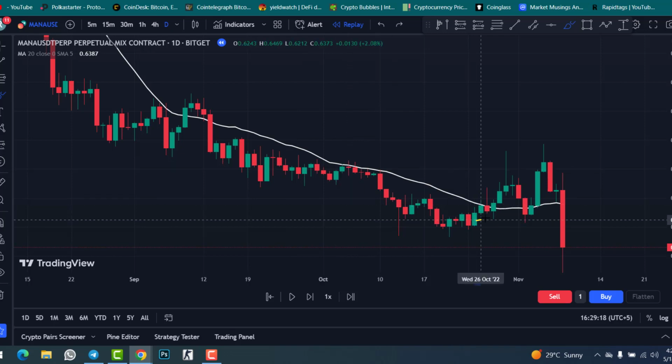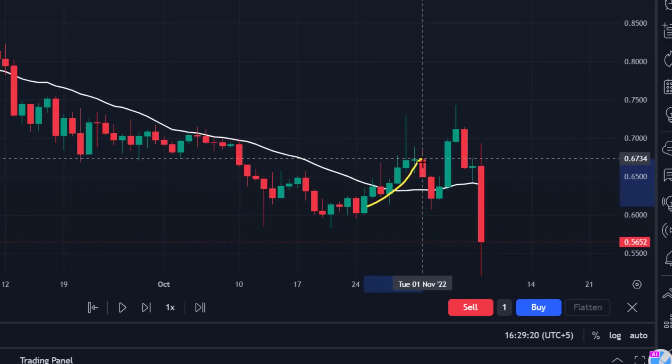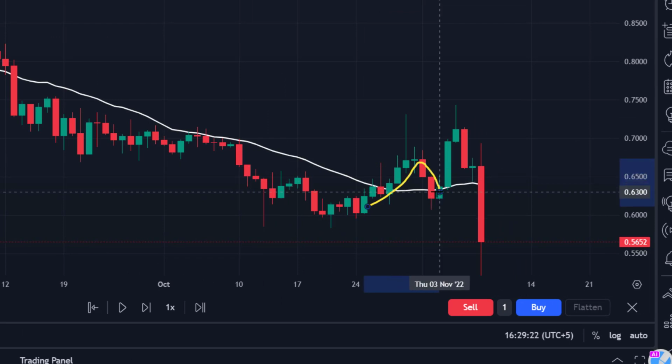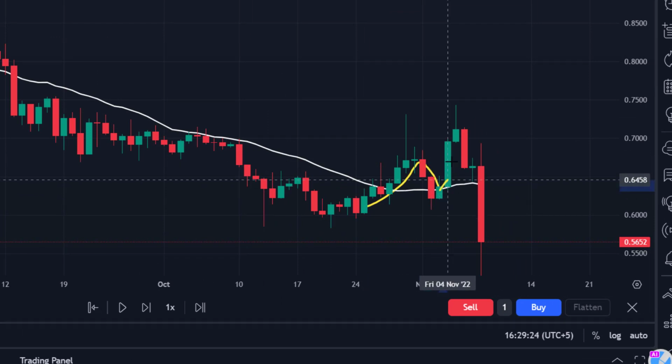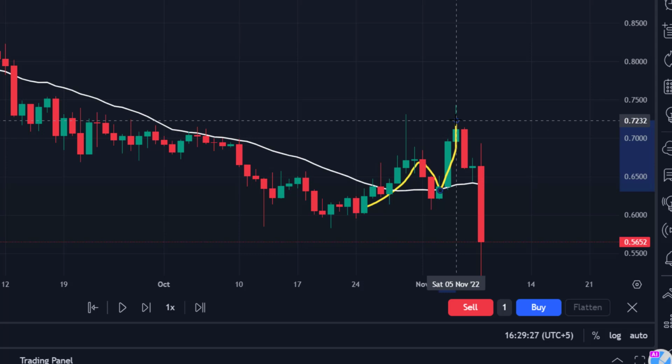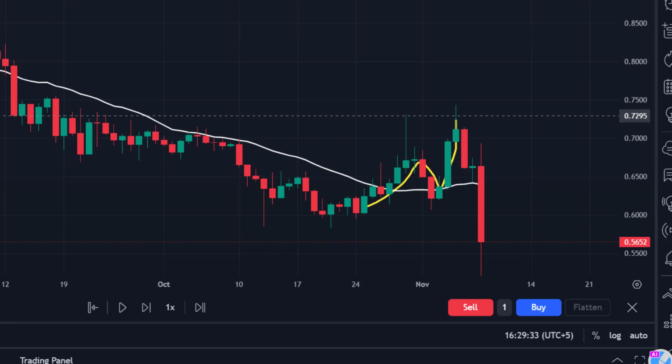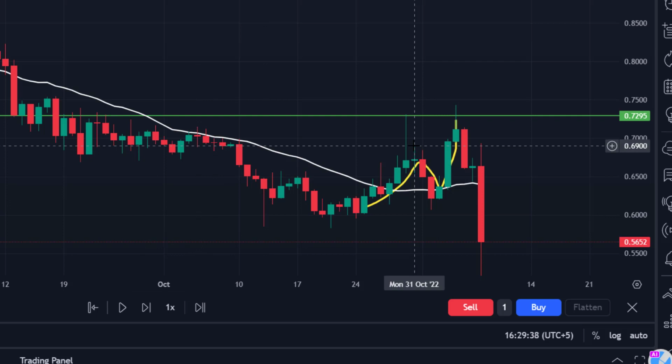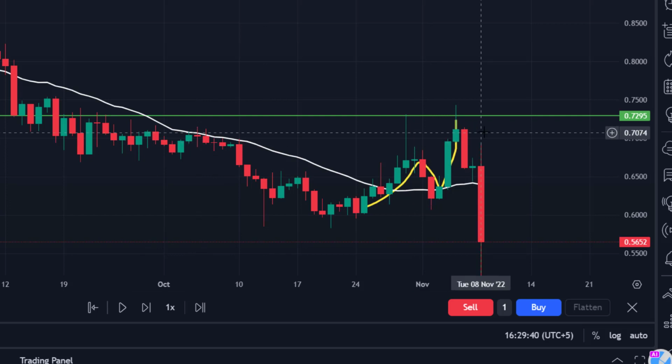But in here we just broke out of this moving average. Again we fell down. We just retested the moving average and then we bounced back. But from this level in here, this is the resistance line. If I show you in here, that's why we just fell down. You can see this is a heavy resistance line.